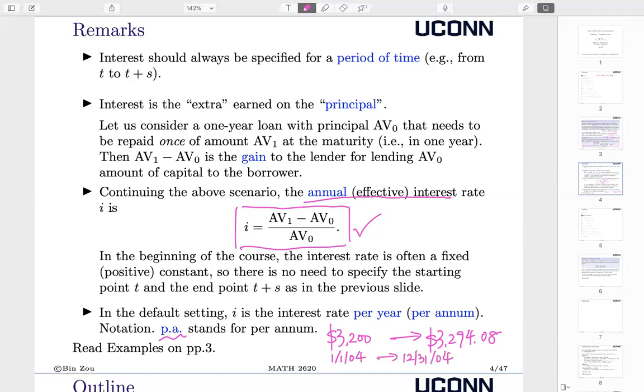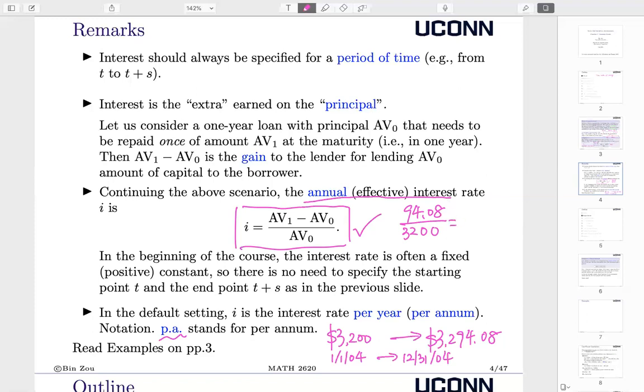And of course, we can calculate the interest, right? The interest is the difference. So interest is simply $94.08. And if you want to convert this into interest rate, it will be the difference, which is $94.08, divided by the initial amount, which is $3,200.